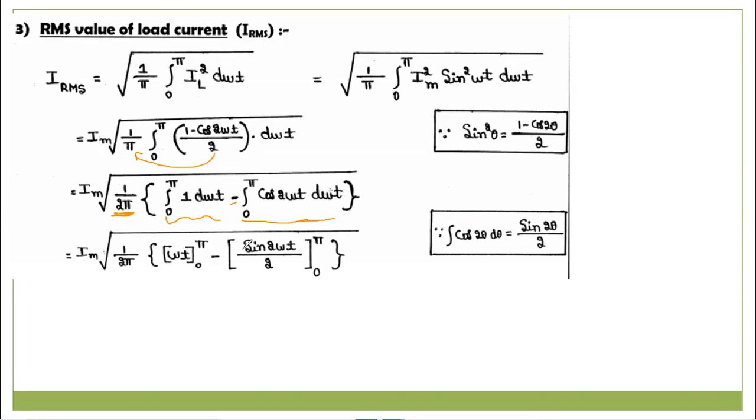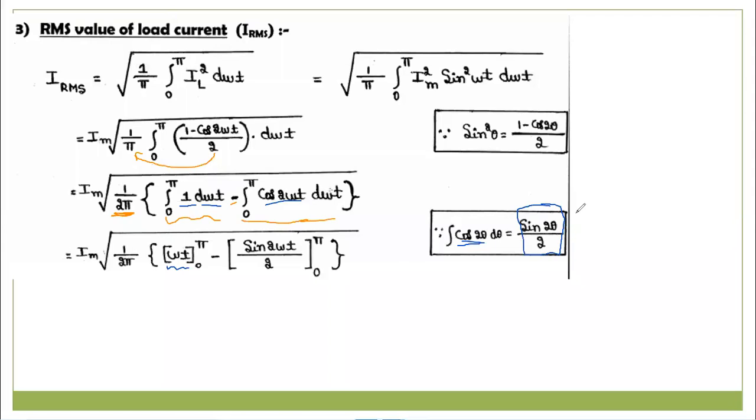Once we have this mathematical expression, we'll go for finding the integration of these terms. Integration of 1 is nothing but omega t, because I am doing the integration with respect to omega t only. That's why 1 is replaced with omega t, and the limits are 0 to pi. If I take the integration of cos 2 omega t, we know that integration of cos 2 theta is sin 2 theta divided by 2.